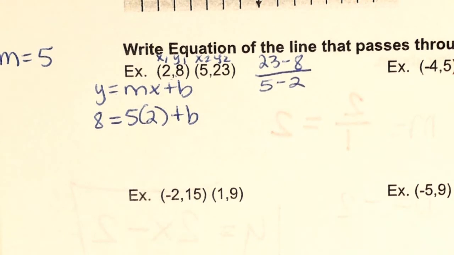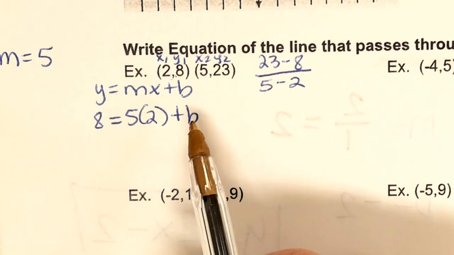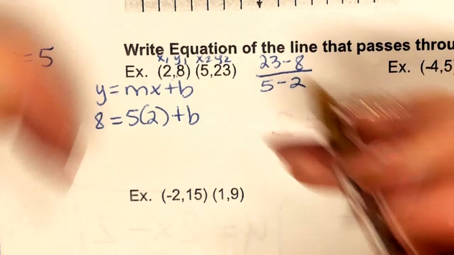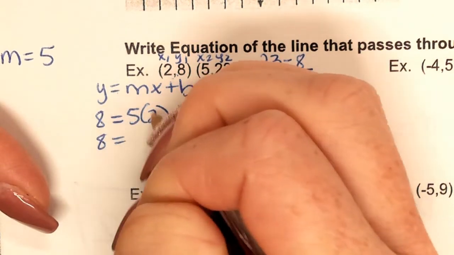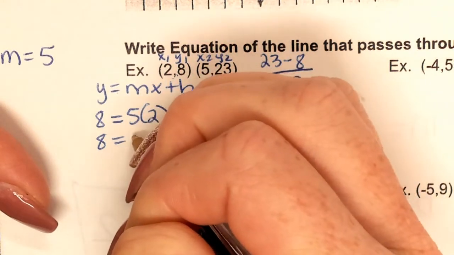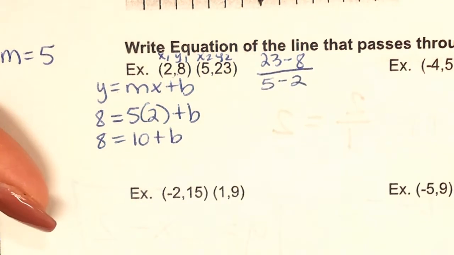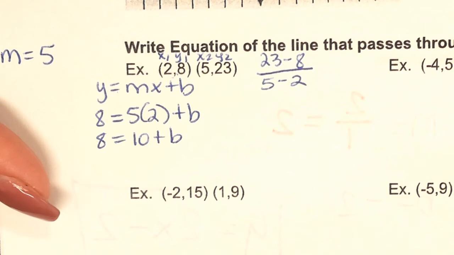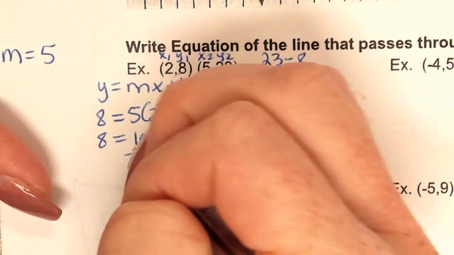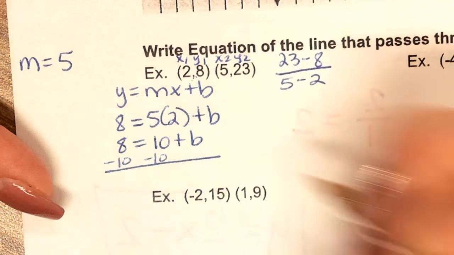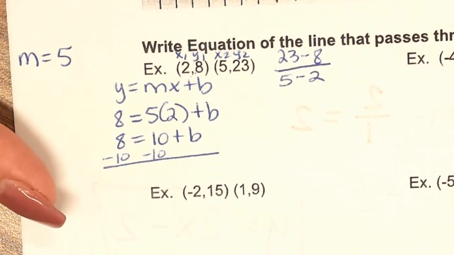I want to solve for the y-intercept, yes? So I can't fill in the b, I'm going to solve for the b. All right, so I have 8 equals 5 times 2 plus b. How would I get b by itself? Subtract 10. So what is 8 minus 10?